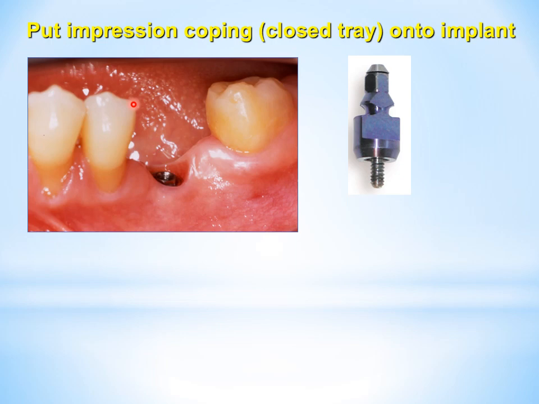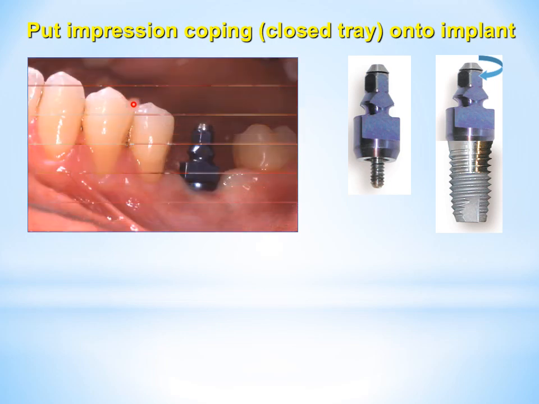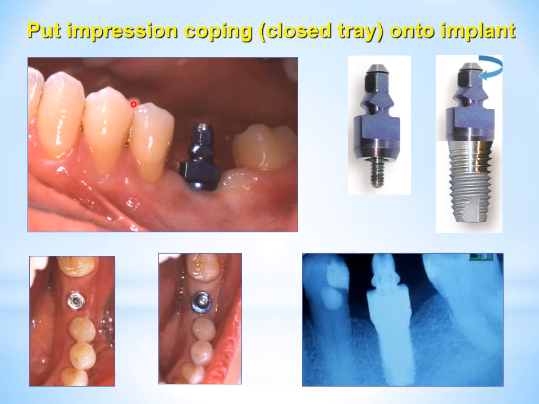Then selection of the impression coping using a closed tray technique, and then be sure that the impression post is fitted on the implant by taking an X-ray to be sure of its seating.